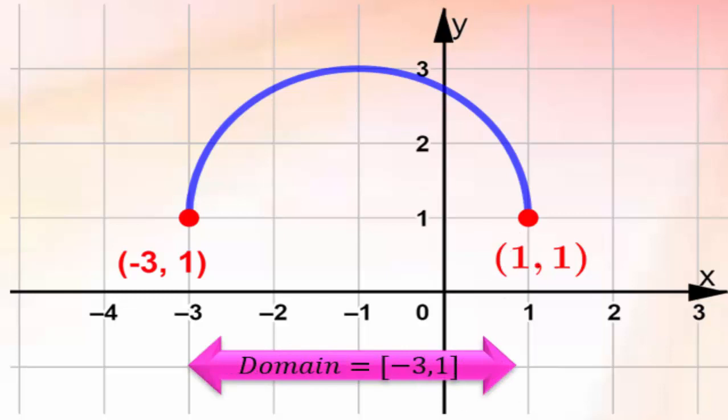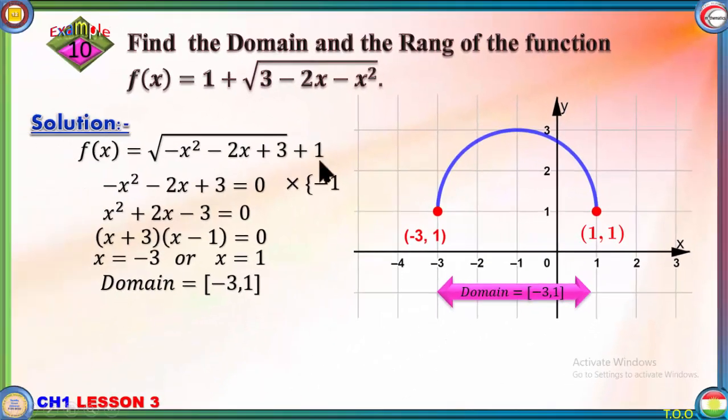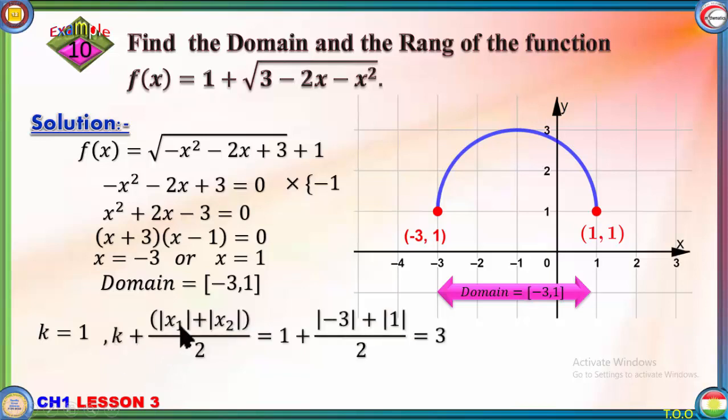But to find the range, we have k is 1 and find k plus (absolute value of x1 plus absolute value of x2) over 2. x1 is minus 3 and x2 is 1, therefore absolute value of 3 is 3 and absolute value of 1 is 1. 3 plus 1 is 4. 4 divided by 2 is 2.